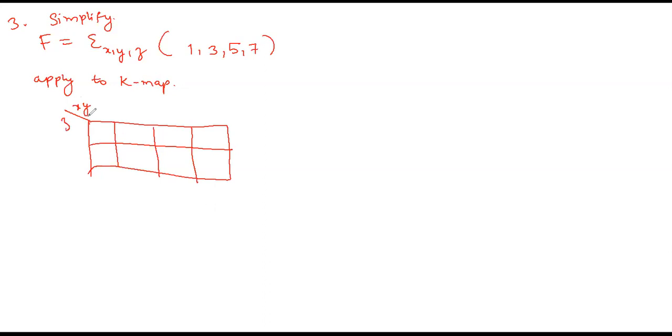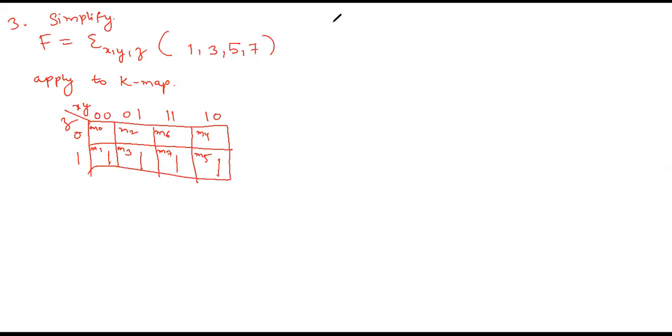X, Y, Z. Amma, you remember the names. M0 like this: 0, 1, 2, 3. 4 will start here: M4, M5, M6. Keep the 1 in the respective boxes: M1, M3, M5, M7.